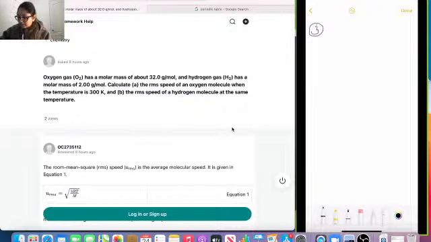Okay, so what we're dealing with here is root mean square speed, RMS.